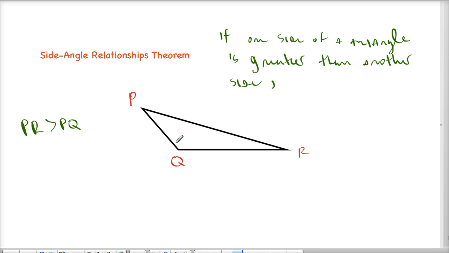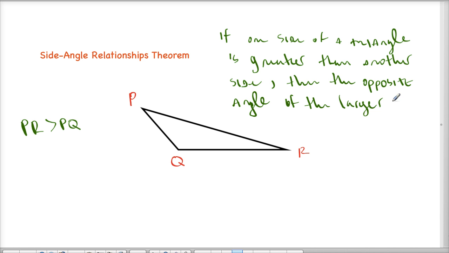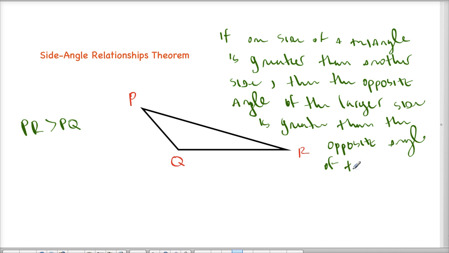So if one side is greater than the other, then following the same logic as we used before, the opposite angle of the larger side is greater than the opposite angle of the smaller side. It's just the converse of what we just said.